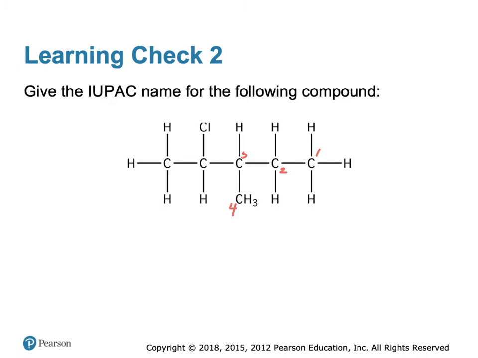But I could also count where I have 1, 2, 3, 4, 5 carbons, and then here would be my branch point. So the blue way is the correct way to number the carbon chain because it's the longest continuous chain of carbons. When we have a chain of 5 carbons in a row, that is a pentane.